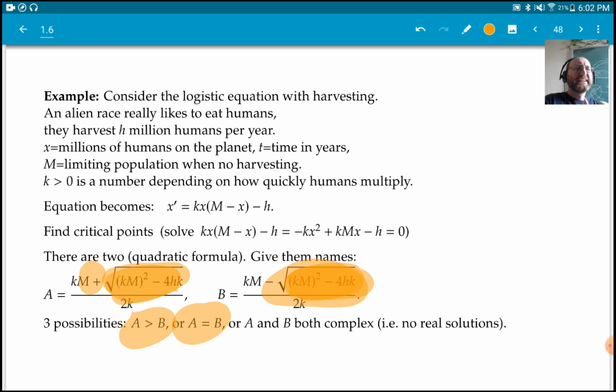So there are no A and B, no critical points. Those are the three possibilities: A bigger than B, A equal to B, and no solutions whatsoever, right?